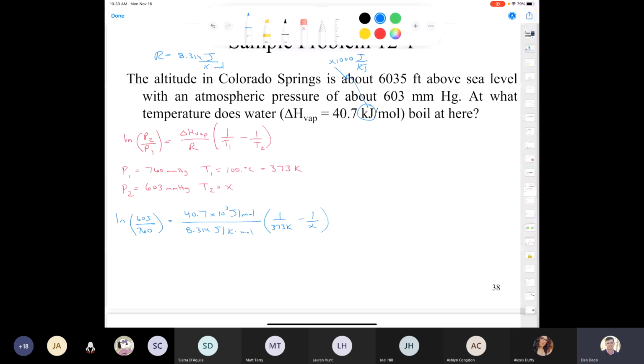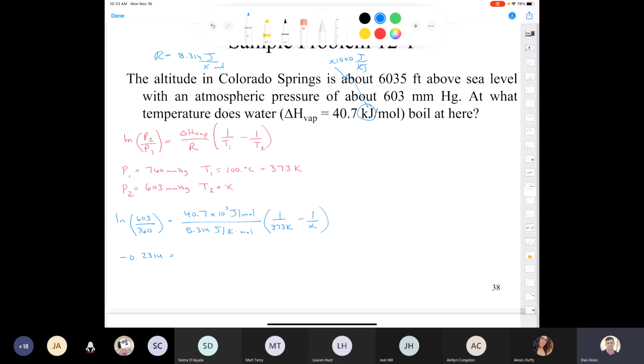Now I've already gone ahead and done some of the math here. You end up with negative 0. Let me just double check my math here. 603 divided by 760. Here's the log button. There we go. So you get negative 0.2314. I'm going to carry an extra sig fig here and I'll round off at the end.